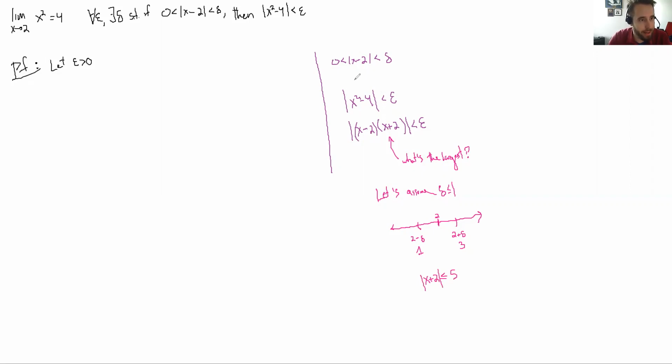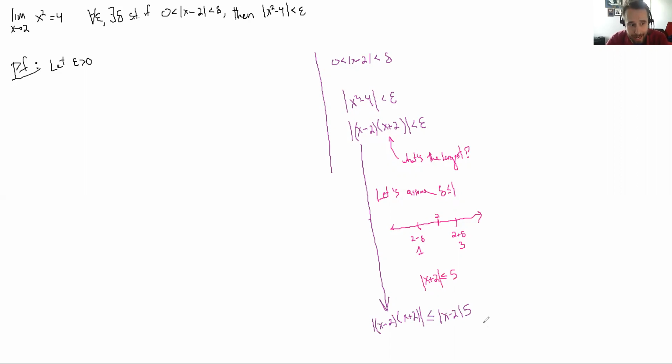So let me go ahead and rewrite this original expression. I'll write it down here. So instead of having the absolute value of x minus 2 times x plus 2 be less than epsilon, I'm going to point out that |x minus 2| times |x plus 2| will be guaranteed to be less than or equal to |x minus 2| times 5, because that extra piece, that x plus 2, will be less than or equal to 5.